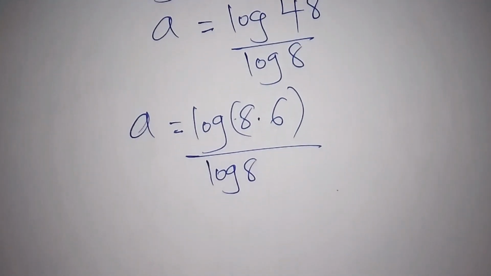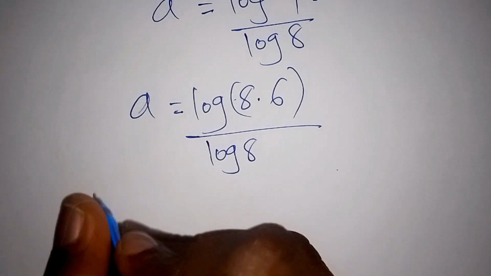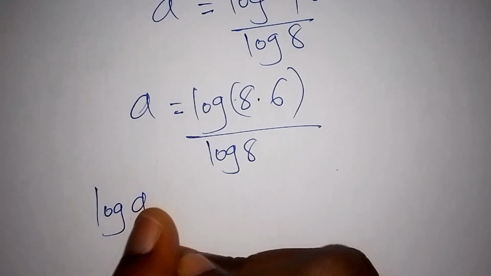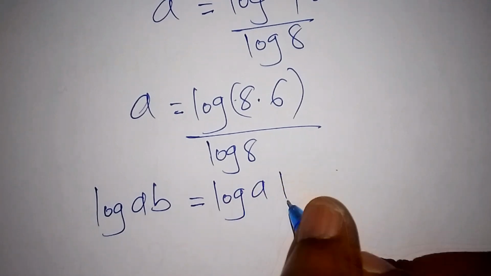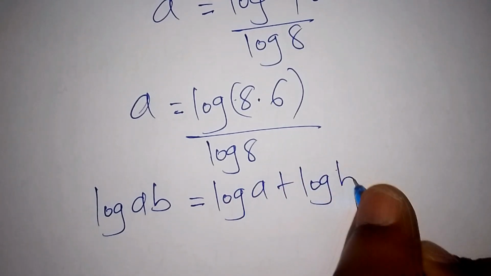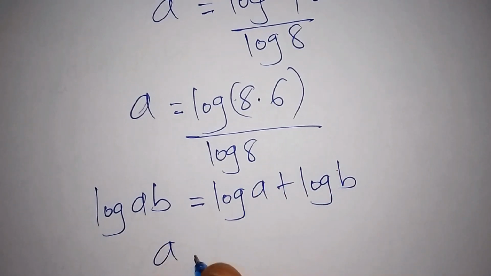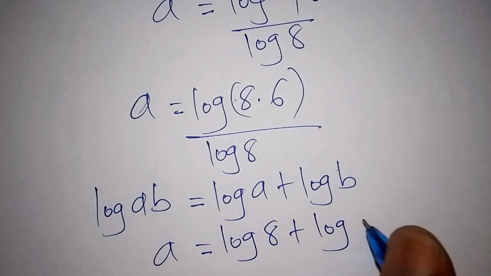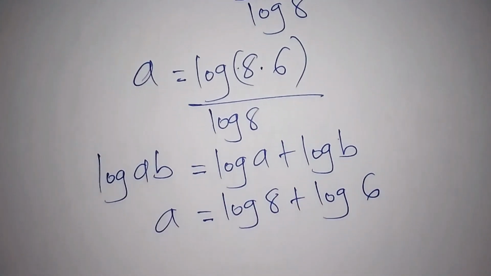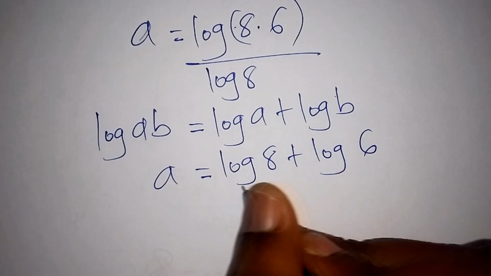Assuming that we have the log of A multiplied by B, this can also be written as the log of A added to the log of B. So then we shall have A equal to the log of 8 plus the log of 6, all over the log of 8.